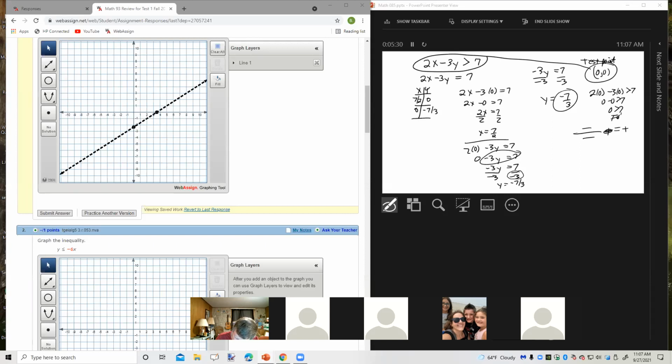That is false. So 0, 0 is not in the solution set. Therefore, the other side of the line down here is. So there is the solution to that inequality. Any questions about that example?